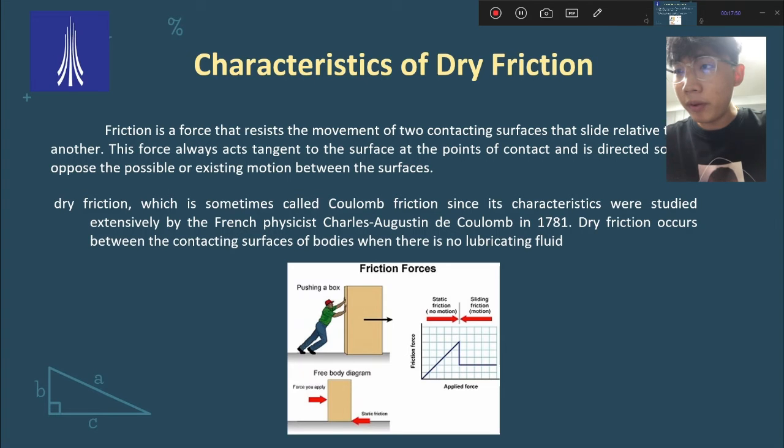A good example of a friction force is when a person pushes a block with an applied force on one side and a static friction force acts on the other side. If you look at the friction force and applied force diagram, we can see that it would jump up and then go back down and be constant, due to the difference between sliding friction and static friction.